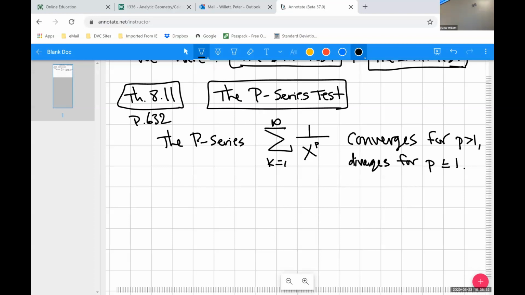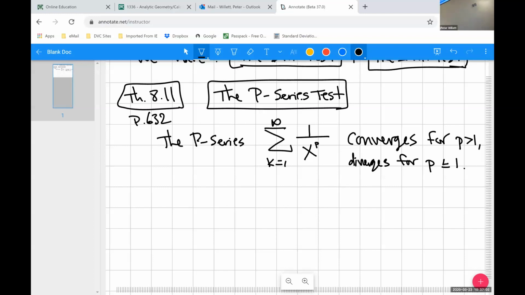So before, when I was talking about the improper integral of 1 over x, I talked about how as soon as the power on the x on the bottom of the fraction goes above a 1, then all of a sudden those integrals start to converge when you go off to infinity. An example that we've already seen is 1 over x squared, which we just did as an example for the integral test.